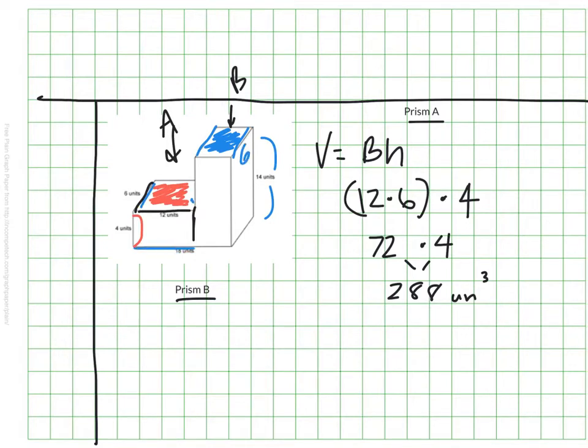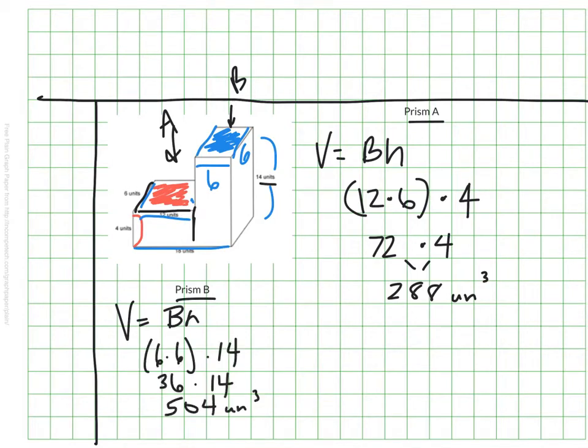The entire length here was 18, but 12 was used up already, which means this section here, even though it might look a little skewed or distorted, this is also 6. Because 18 minus the 12 that have already been used would leave us with 6. So I'm going to use that to figure out the whole surface of the bottom and then multiply that by our height. And when I do that calculation, I see that the volume of the second section, B, is 504.